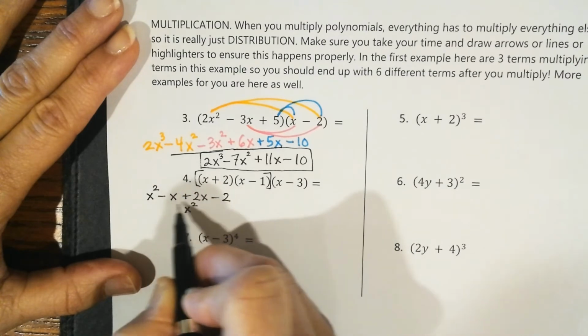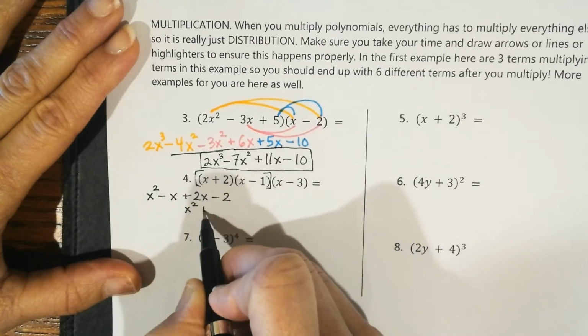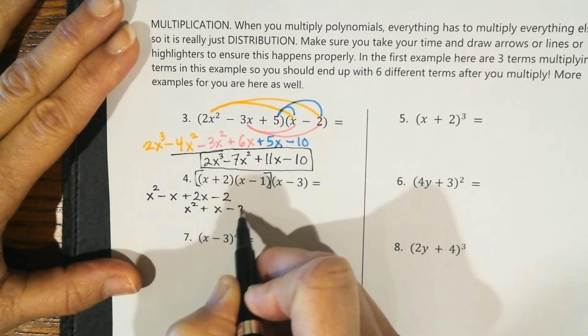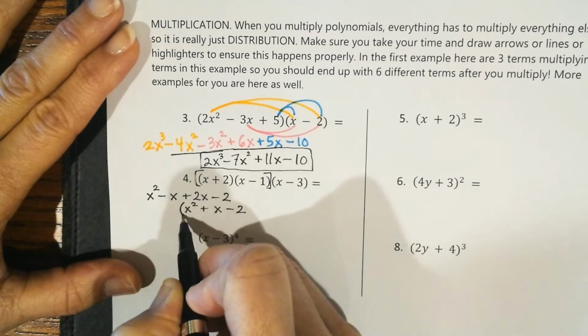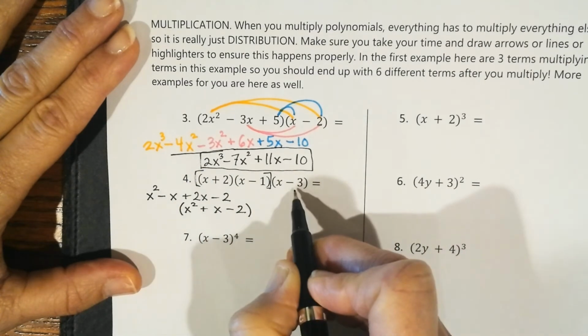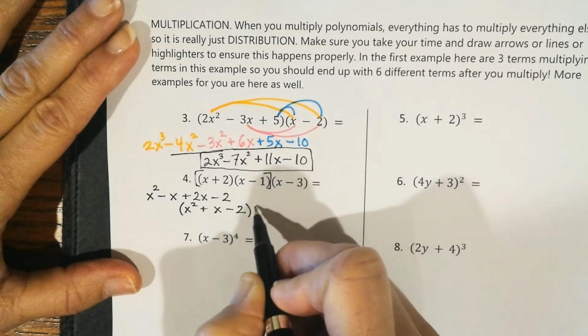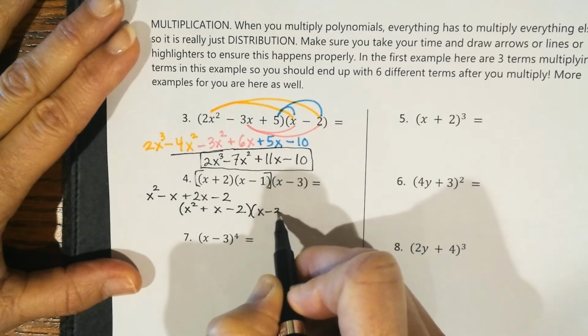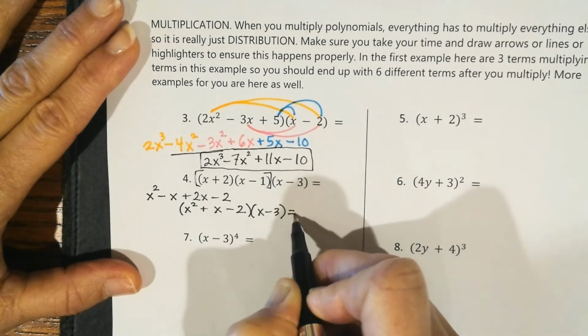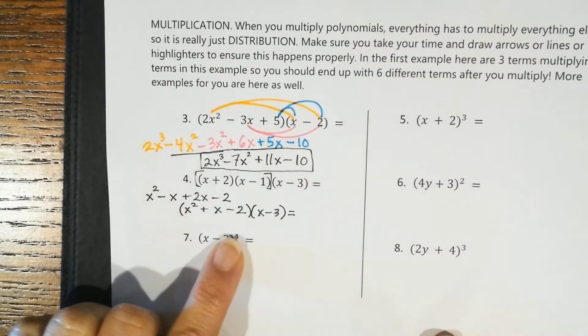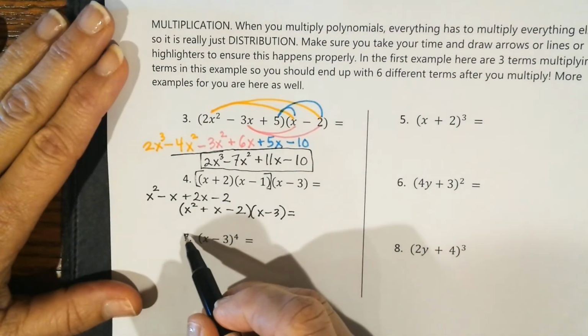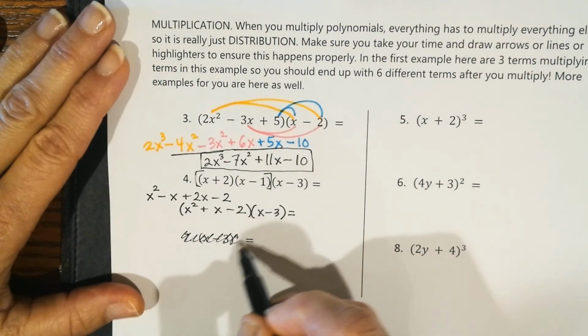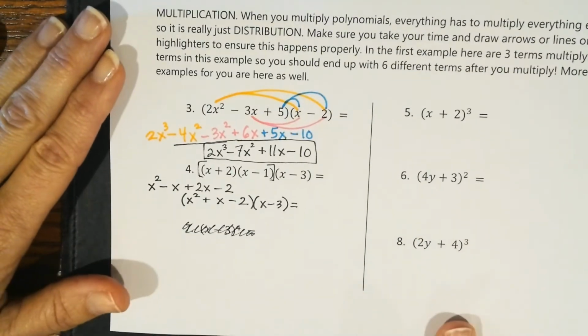These two combine, that's a plus x minus 2. So now I have a trinomial, and now I'm going to go back and pull this one in, x minus 3. So I should probably just put this one here. I'll put this on the back or something. We'll just skip that for now.